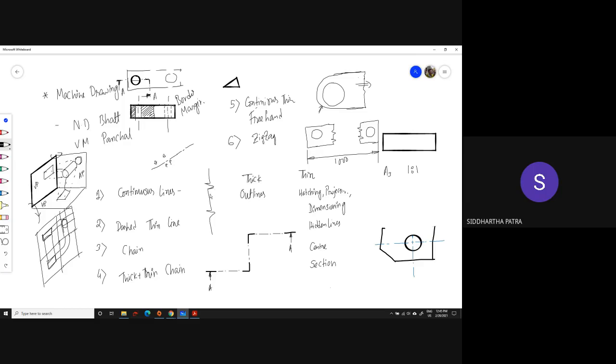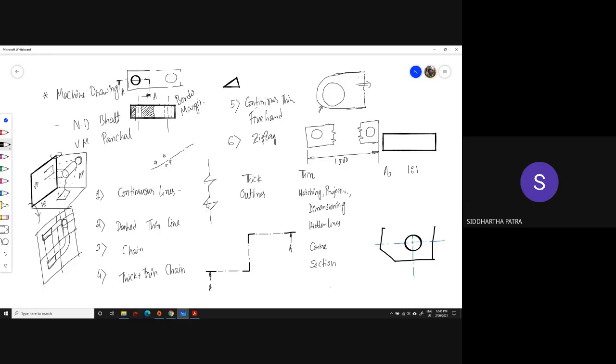Sorry, this is a mistake. It is supposed to be like this, then this line, horizontal line, then this line, horizontal line, again a line that is parallel to this one, okay.